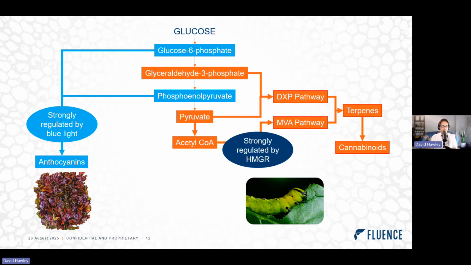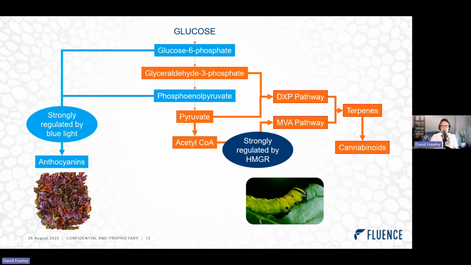So if you consume glucose 6-phosphate and phosphoenolpyruvate, which you see in blue here, you go to the left, you go through the shikimate pathway and you produce things like anthocyanins. If you take glyceraldehyde 3-phosphate, pyruvate, and acetyl-CoA, you can go to the right and you can produce things like terpenes and cannabinoids. Okay, the way these things are regulated are totally separate.